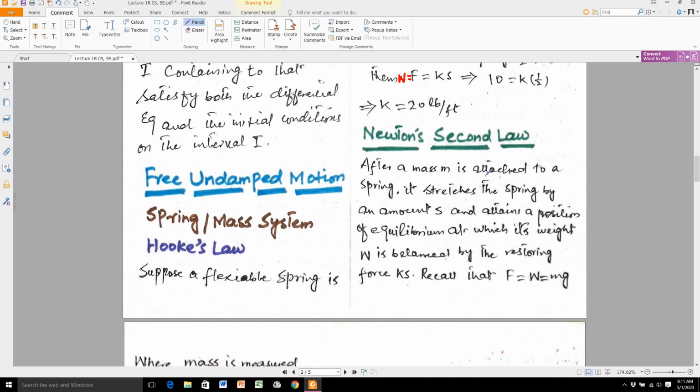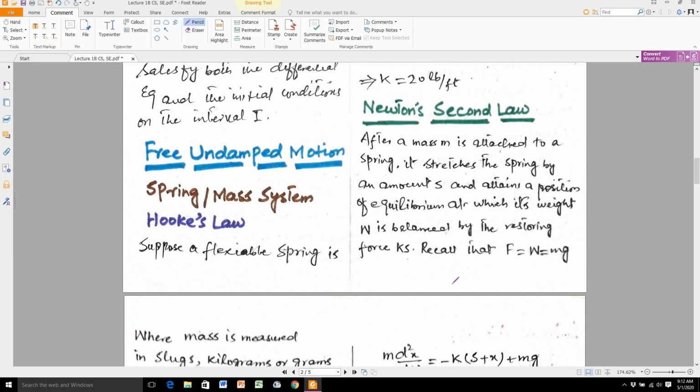After a mass M is attached to a spring, it stretches the spring by an amount of S and then attains a position of equilibrium at which its weight W is balanced by the restoring force ks. Recall that F is equal to W is equal to mg.